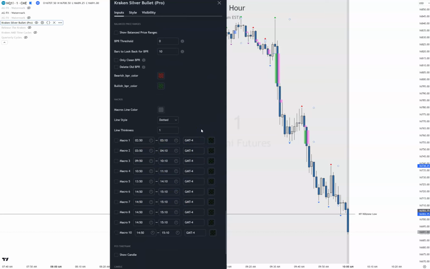Macro is just a time that the algorithm is going to seek liquidity or change in direction. It's going to do something. Usually there's a macro that is seeking liquidity, filling in balance.